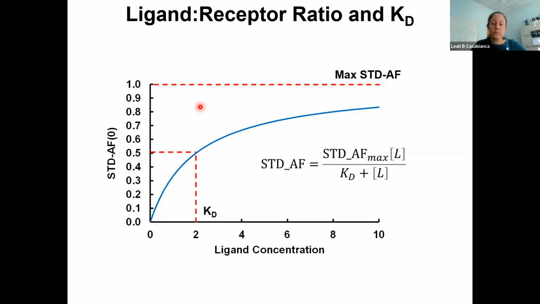So in order to do this procedure, you need to be able to make measurements in the range of the KD. So if your KD is 2 millimolar, you need to be able to make these measurements in a range of millimolar. If it's micromolar, you need to be able to make these measurements in the range of micromolar. Because if you are in this region, let's say, it's just going to look linear, so you're not going to get that curve and be able to calculate a KD. And if you're way out here, it's just going to look flat.